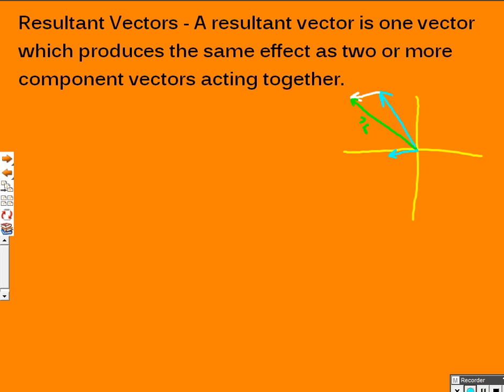Basically, what it is going to boil down to is each vector always has two different components to it. This blue vector that's going really up high and not much to the left, it has a y value and it has an x value to its vector.